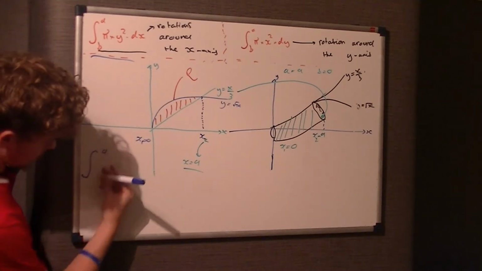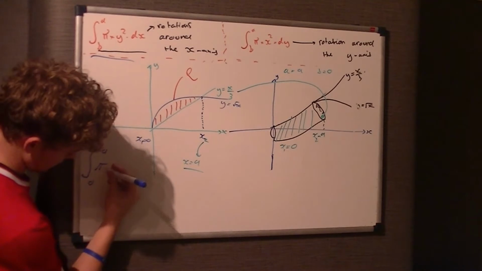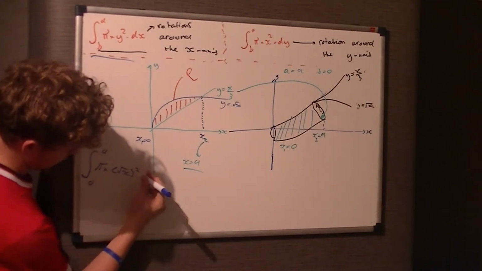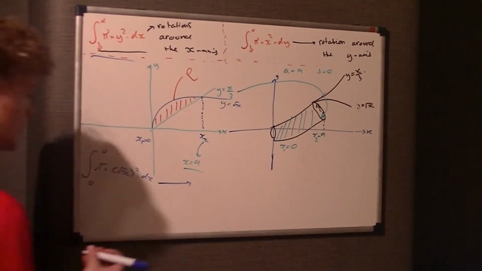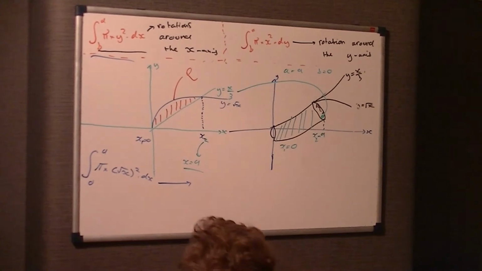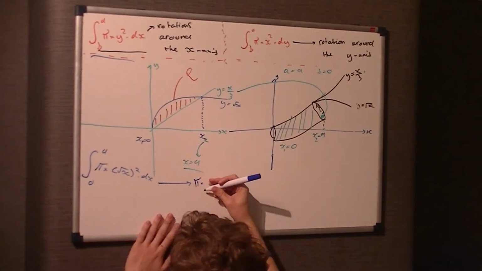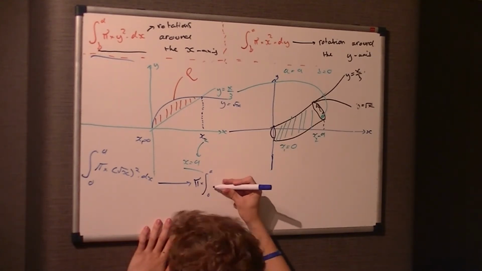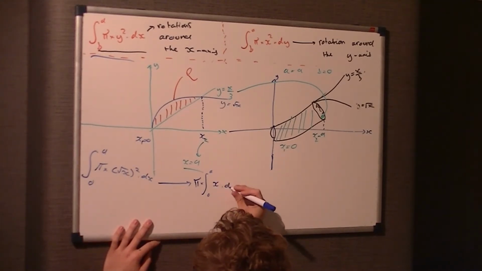So remember, it's between 9 and 0, and it's the integral of pi times root x squared with respect to x. Remember, we bring the pi in front of the integral sign. So that becomes pi times the integral with limits 9 and 0 of root x times root x, which is just x, with respect to x.